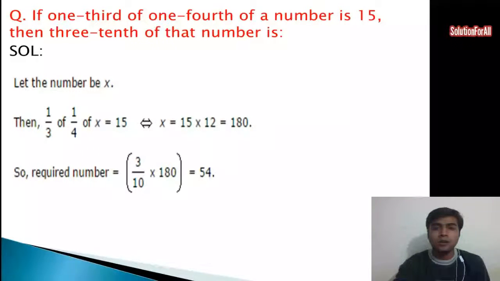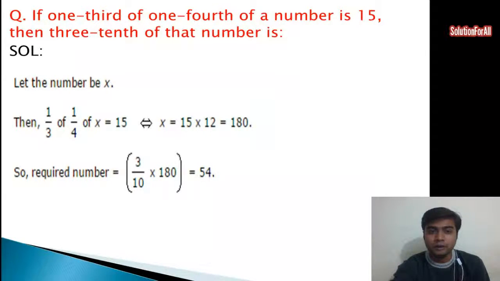If one third of one fourth of a number is 15, so let us consider that the number be x. Let us assume that the number be x. So it is telling one third of one fourth of the number. So first of all, we have to find the one fourth of the number, that is one fourth of x. Then one third of one fourth of x.